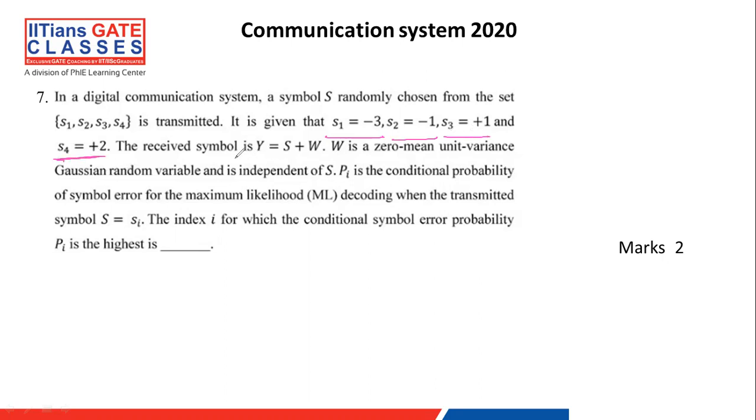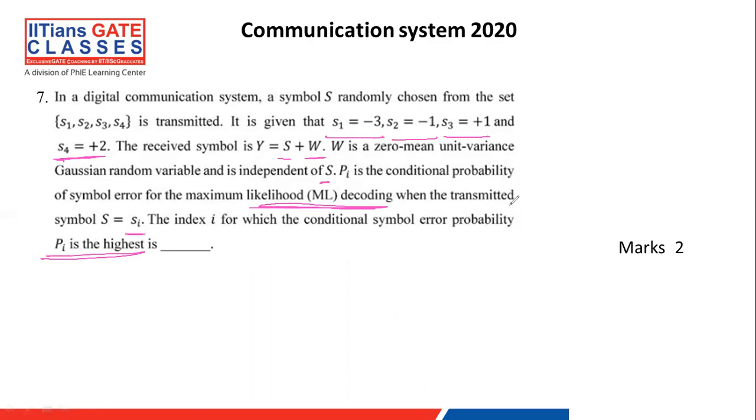The received signal is S plus W, where W is noise, a zero mean, unit variance Gaussian random variable, and is independent of S. Now Pi is the conditional probability of symbol error for maximum likelihood decoding when the transmitted symbol S equals Si. We need to find which symbol has the highest probability of error in this case.